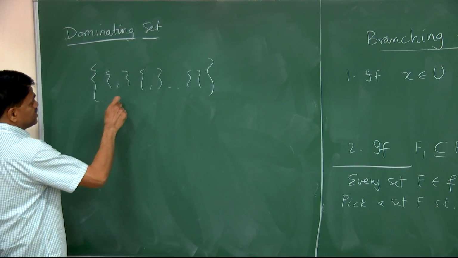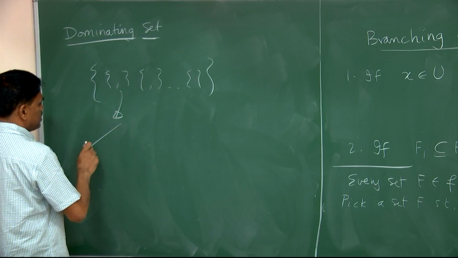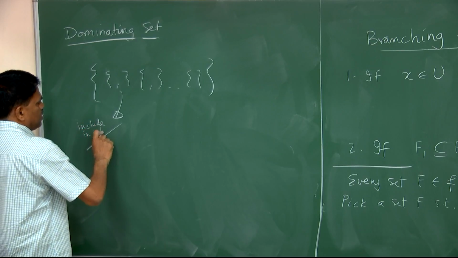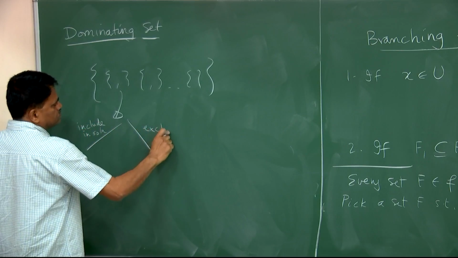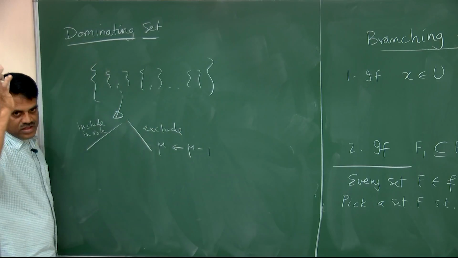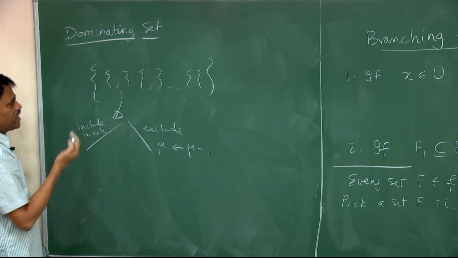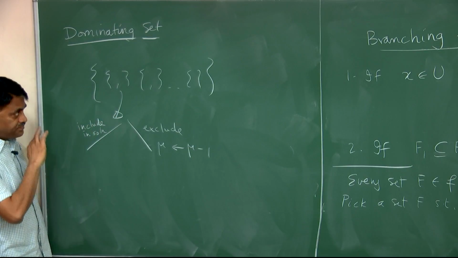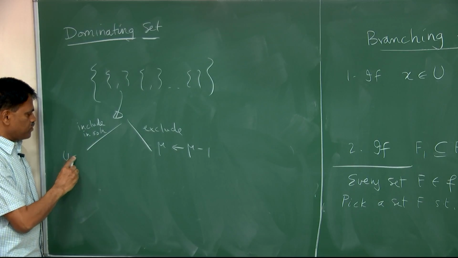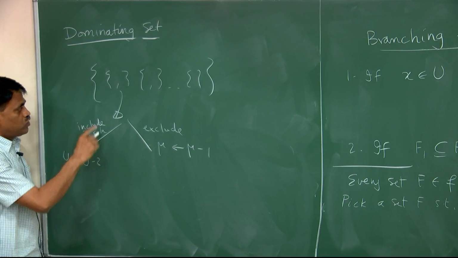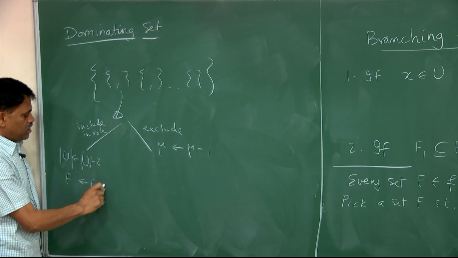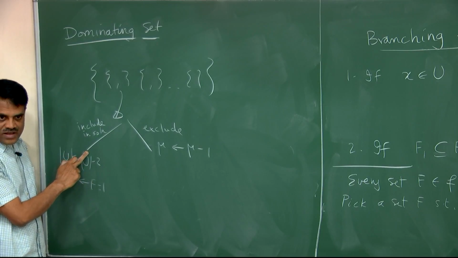So suppose I pick this set F and I branch: include in solution and exclude. When I exclude, the measure again drops by 1 because this set goes away, that's all. But when I include it, let's see what happens. The universe drops by at least 2 because 2 elements are out. F drops by 1, so I get only a drop of 3. I want to get a 4.